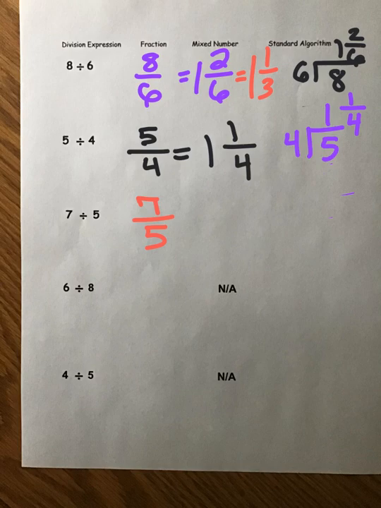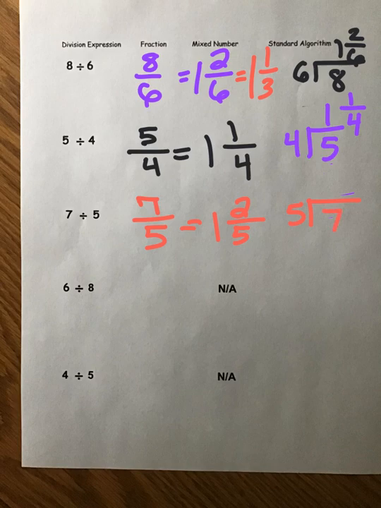So if I know that 5/5 is 1 whole, if I have 7/5, I have 1 whole and 2/5. If I set this up as a division problem, that means 5 would be my divisor, 7 would be my dividend, and I simply divide.